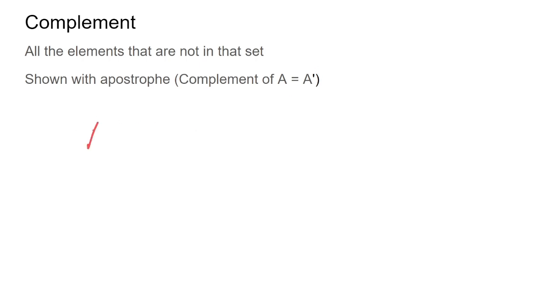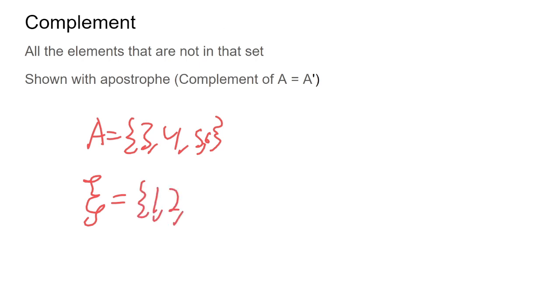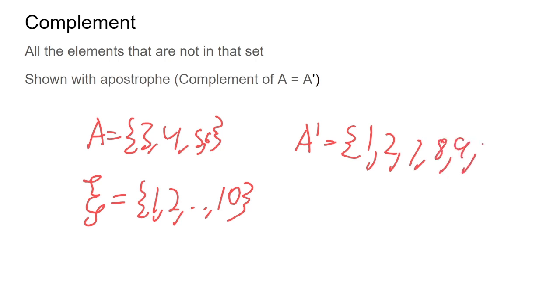So for example, if A is again 3, 4, 5, 6, and the universal set is numbers 1 to 10, we can say that A complement is all the numbers here that aren't in A, which would be 1, 2, not 3, not 4, not 5, not 6, 7, 8, 9, 10.